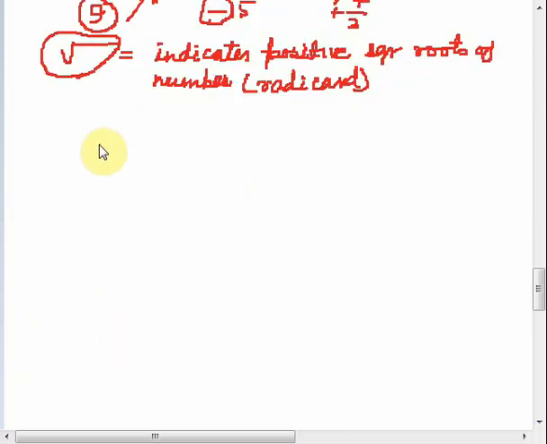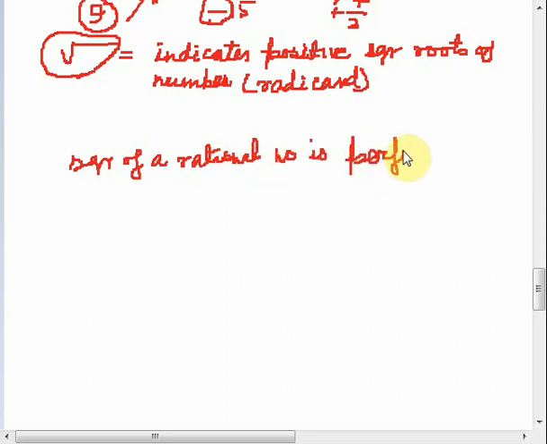Now the square of a rational number is a perfect square. What is a rational number?